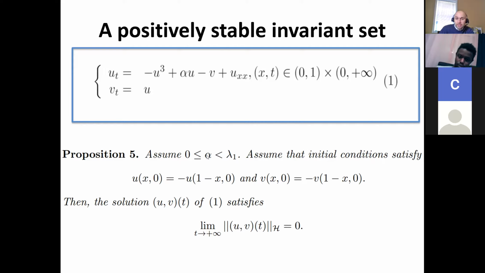It's an interesting result, because you find a set of initial conditions which is going to 0. Nevertheless, you also find some solutions which are going away from 0.